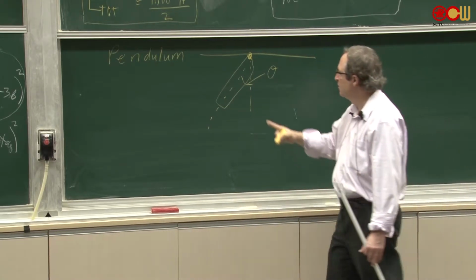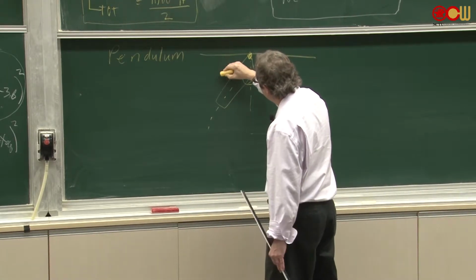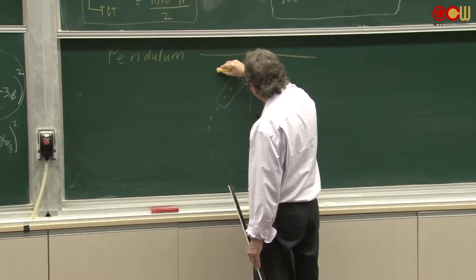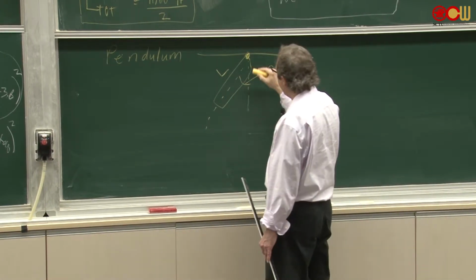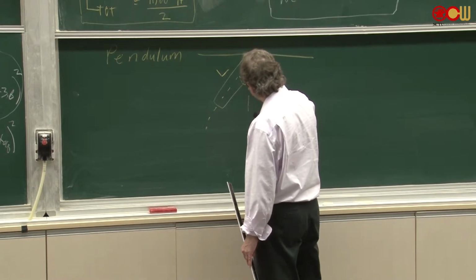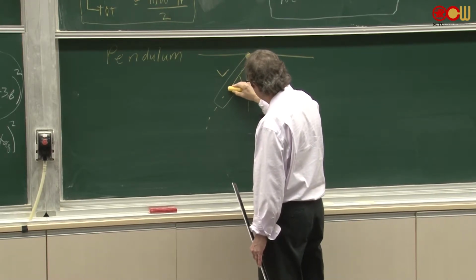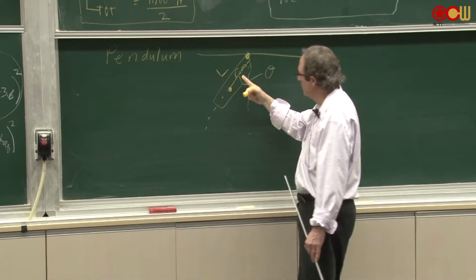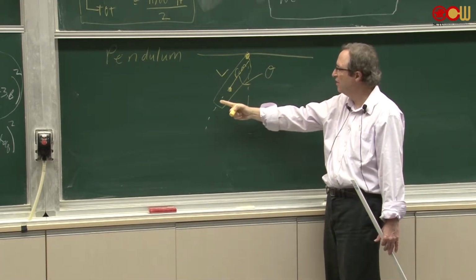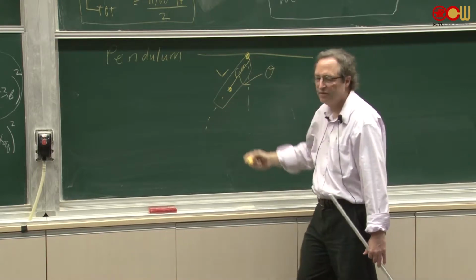So that has a total length L, and the center of mass is located right there. So this is R center of mass. So the center of mass is there, the total length is L.